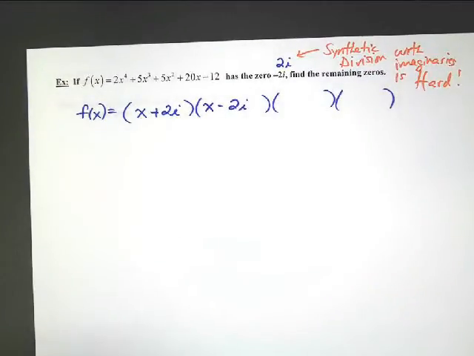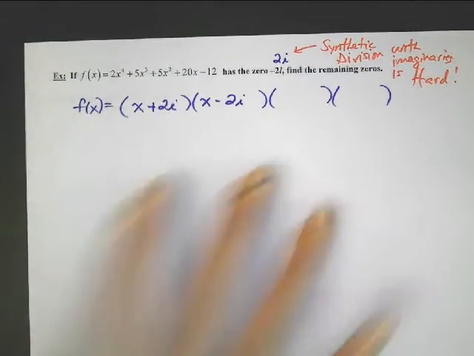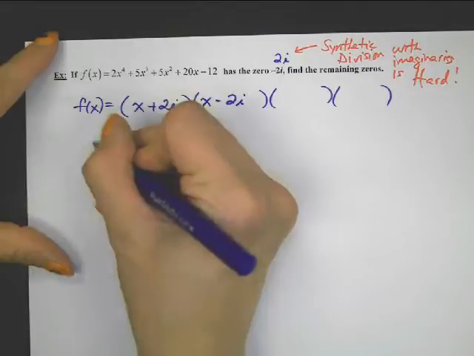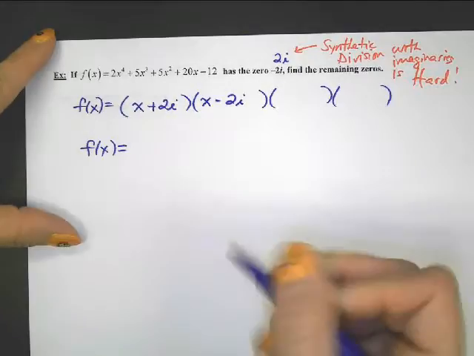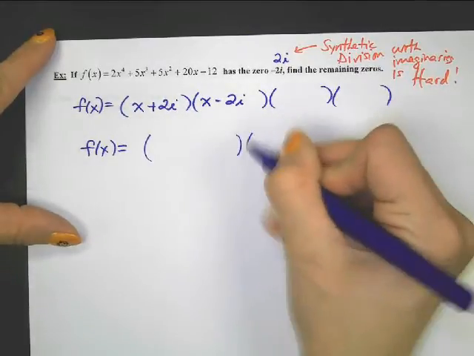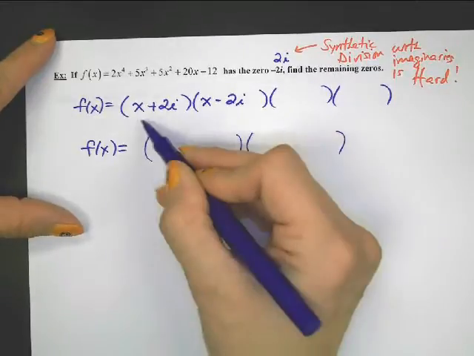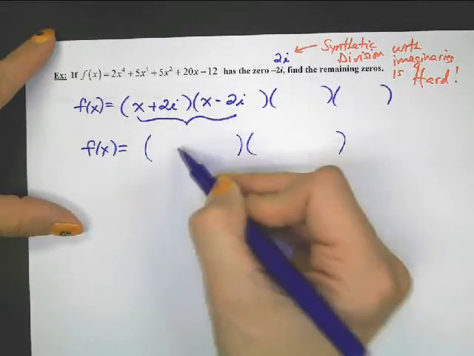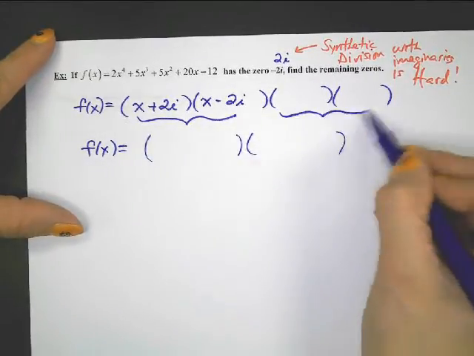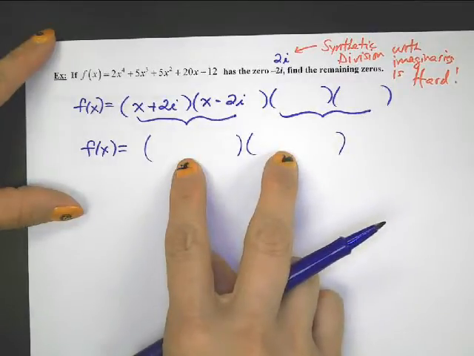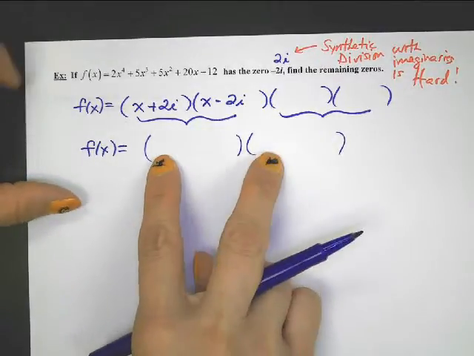It's really hard to do. There's a lot of like terms. It's really, really hard. So here's a much better way to do this. If I were to consider f of x as 2 sets of parentheses, so for example, if I put these 2 together and I put these 2 together, this would be the squared and the squared.